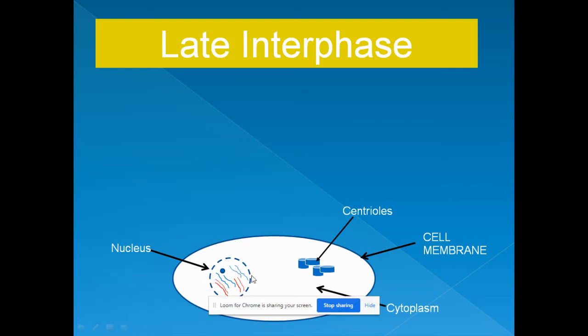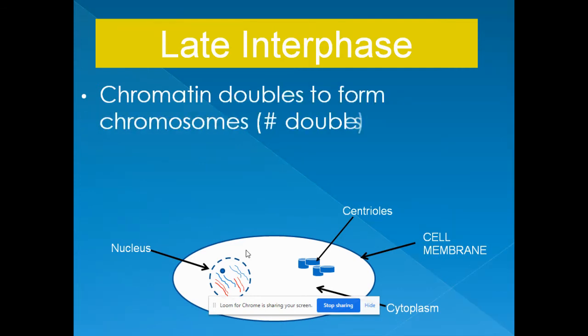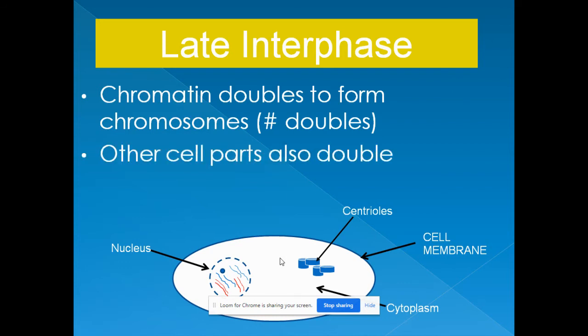So when you start observing the nucleus disappearing inside the cell, that's a sign that the cell is not anymore in the interphase, but it's also entering the prophase, which is the first phase of the mitosis. So chromatin doubles to form chromosomes. So the long strands of DNA now are getting compacted. Other cell parts also double. So the centrioles are doubling, everything is getting doubled.